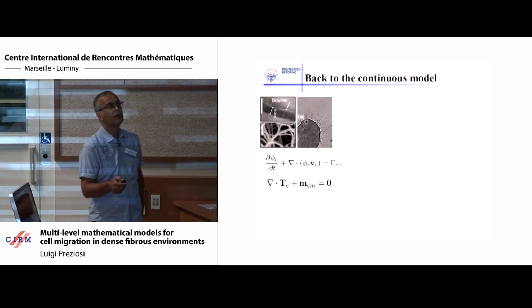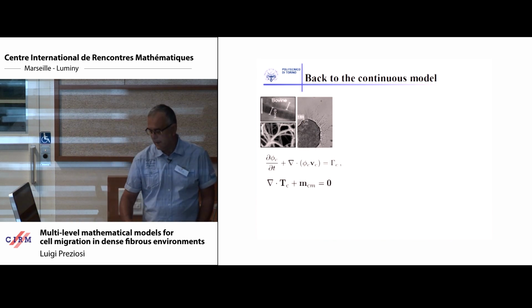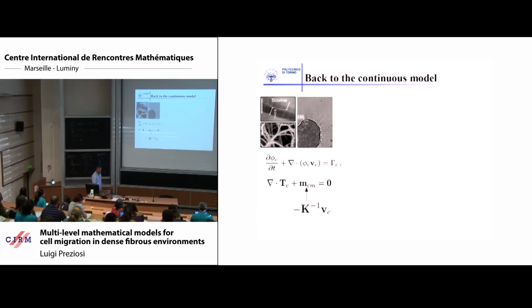I said it before, I'm assuming that this is proportional to the velocity through some permeability tensor, or motility tensor better. And so I have that Vc is equal to some motility times the divergence of T. I'm doing the same thing for this model.